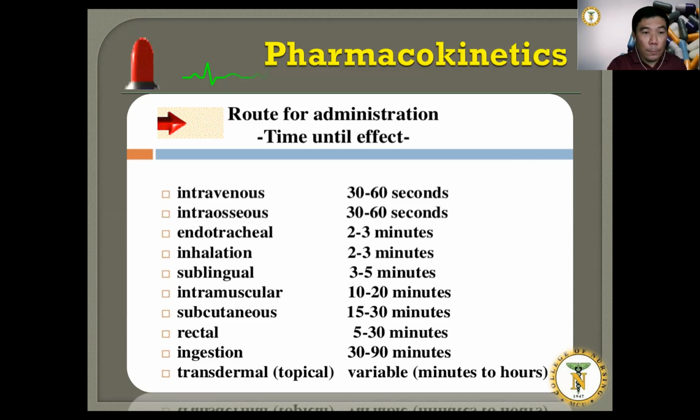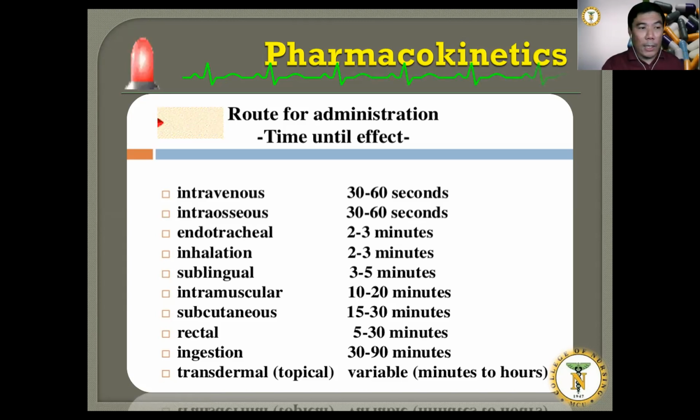We have also identified that most or all of the oral drugs pass through the liver, because the drug will be metabolized by the liver. It will pass the GI tract, or the gut, then pass through the liver before it reaches the circulation.